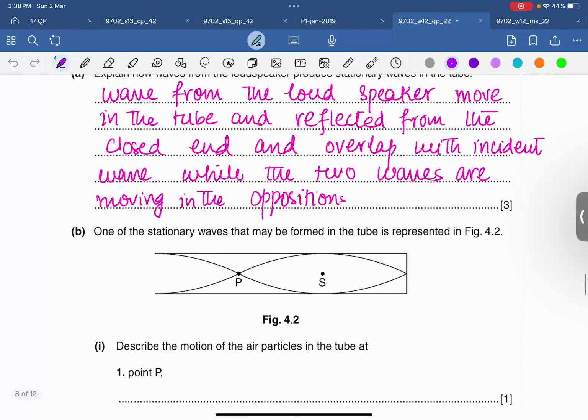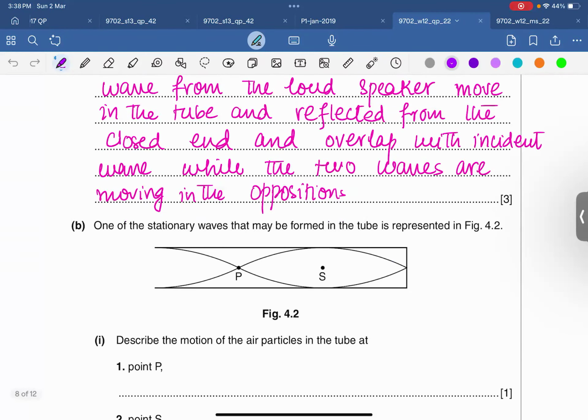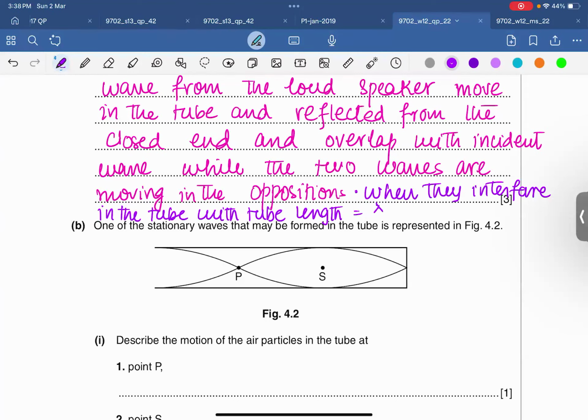When they interfere in the tube with the tube length equal to lambda by 4 or 3 lambda by 4 or 5 lambda by 4 and so on, right?